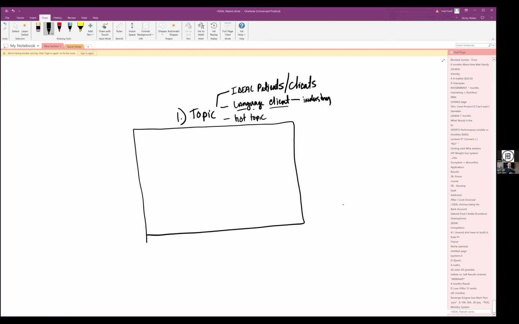So, what are the hot topics? And are you leading with those and talking about those? Because those are the things that are going to get people to pay attention. What are all the things that go into weight loss? Nutrition, exercise, habits, mindset. All of those things go into somebody getting results.